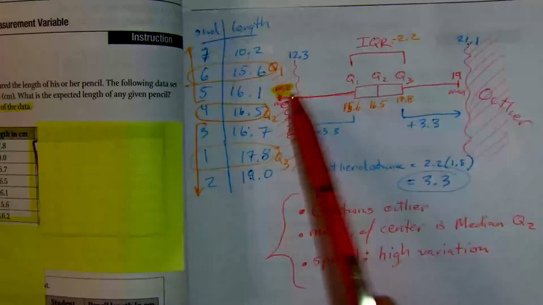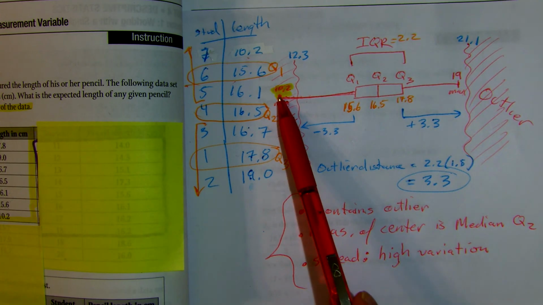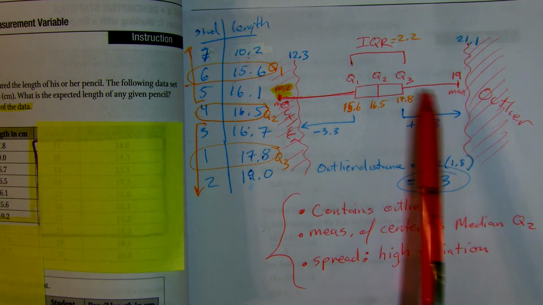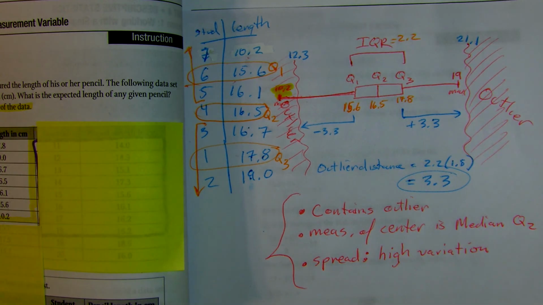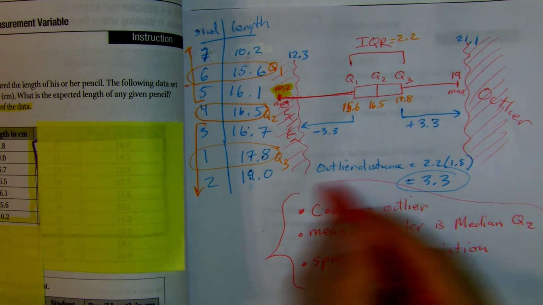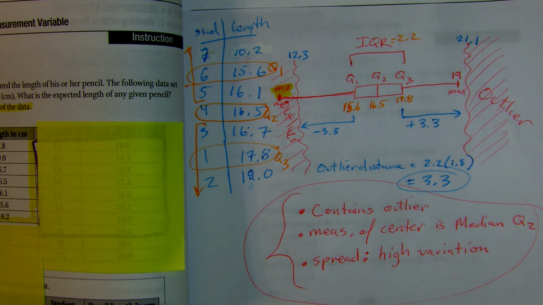And we have high variation because it's pretty spread out, all the way from 10.2 to 19. Our IQR is pretty small, but 10.2 brings it to high variation. And that is our assessment, and we're done with it.